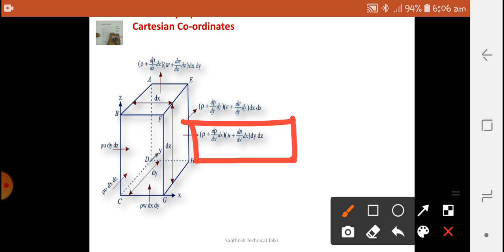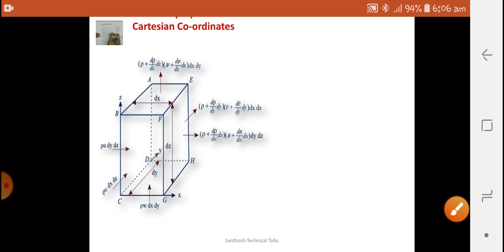This rho u has been convected with the velocity parameters. This is the differential in velocity, the difference in velocity term.